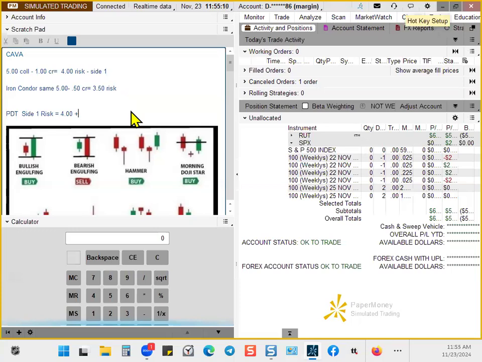Right? So in my case, I've been experimenting with the number, trying to figure out what's a good enough number. And the reason why I had to experiment was because I found out that it cost me $17 to do the PDT hack trade. It cost me $17 in fees with Tasty Trade. It used to cost me $70 for that same trade when I was with TradeStation, and that's why I left.